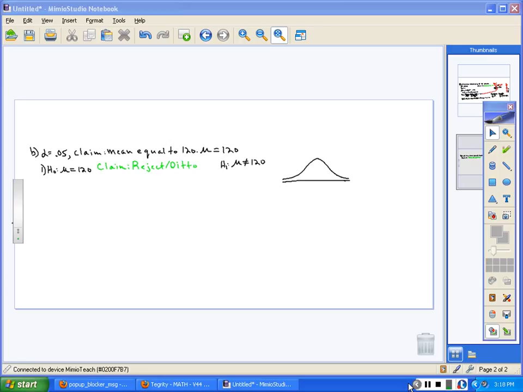And because the sign in H1 is not equal to, that lets me know that we have a two-tailed test. So we're going to shade in two tails. And that also means that we're going to have two rejection regions. One rejection region is to the right.